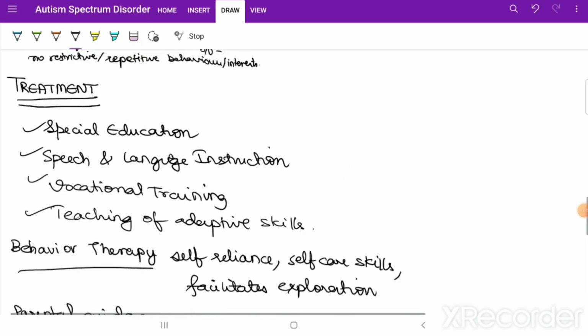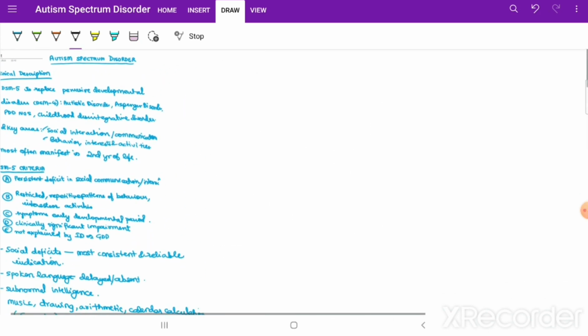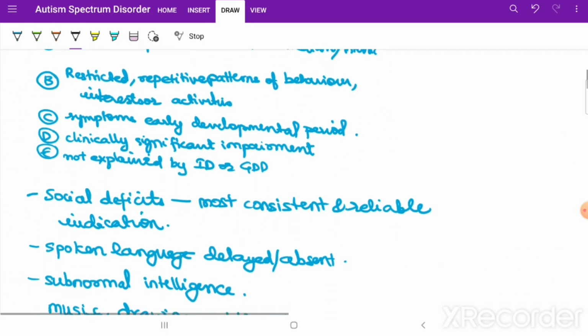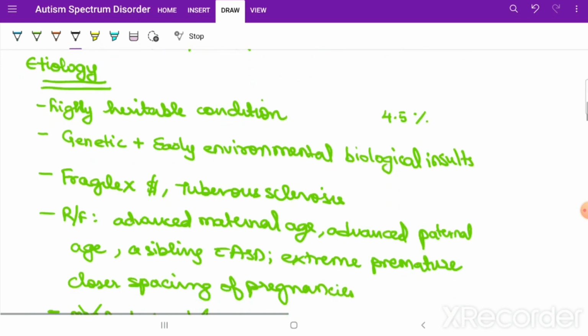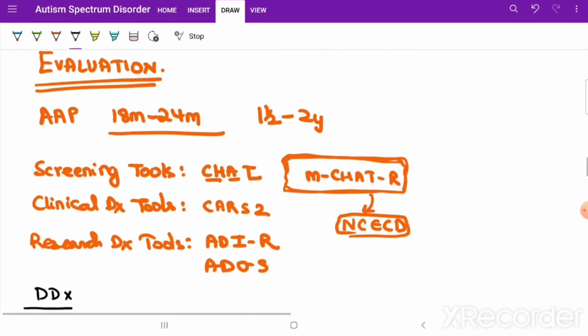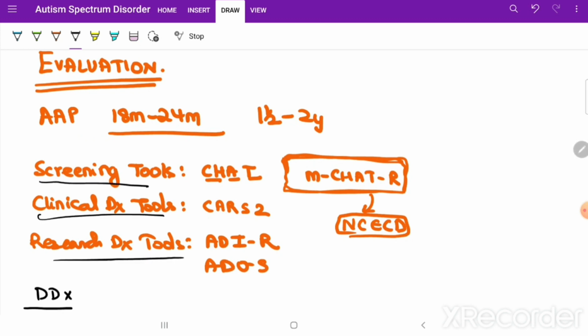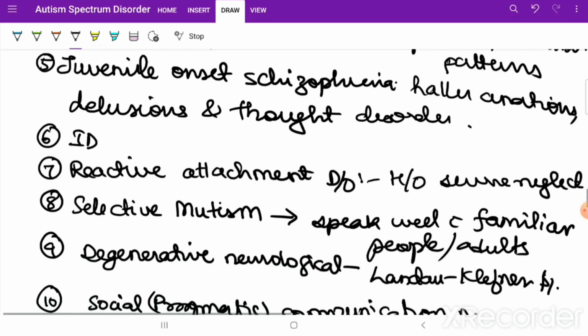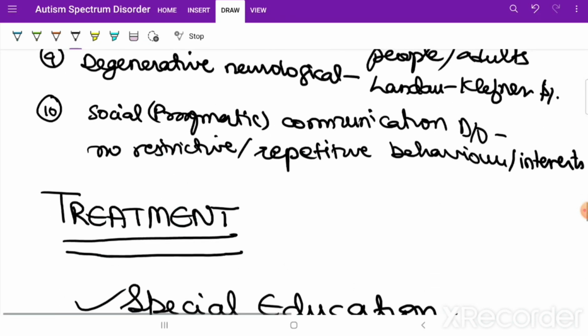So this was about ASD overall. We discussed the clinical description points and DSM criteria, epidemiology a bit, etiology, course and prognosis, and evaluation, where we have three kinds of tools: screening tools, clinical diagnosis, and research diagnosis tools. We discussed a little about M-CHAT-R and how it's included in the program, and we discussed quite many differential diagnoses and how to differentiate them from ASD.